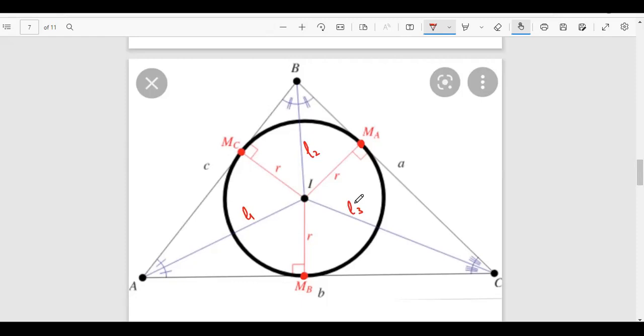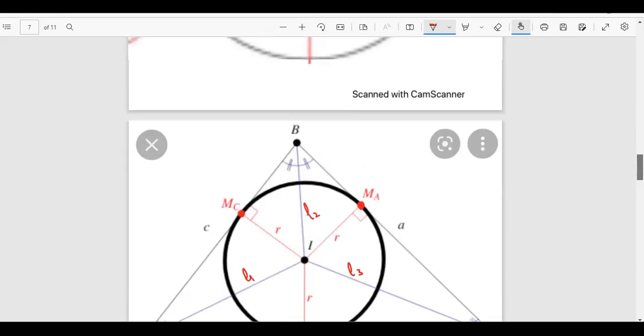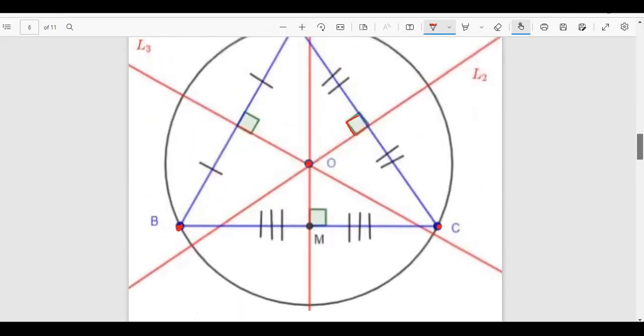Why these three lines? Because they are bisecting the angles A, B and C. So you need to make three lines and all of them would be bisecting each angle A, B, C. The point of intersection would basically give you information about the center of the circle. In the previous one we were bisecting the sides of the triangle.